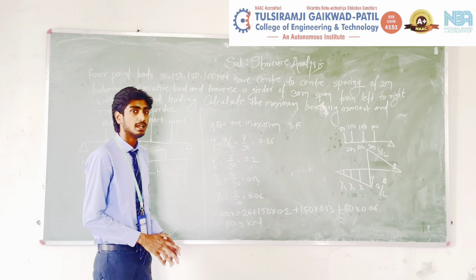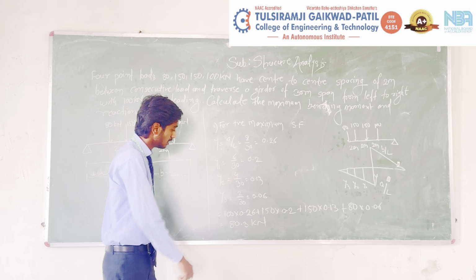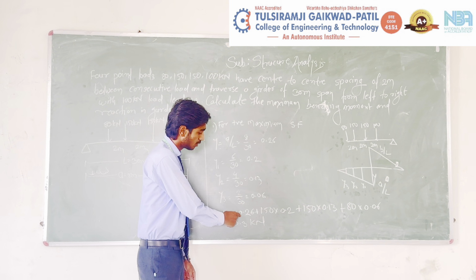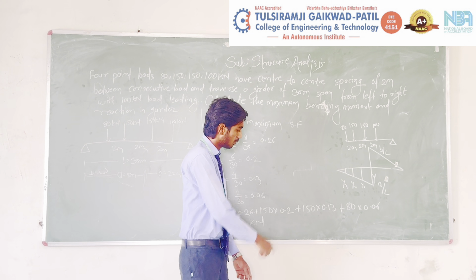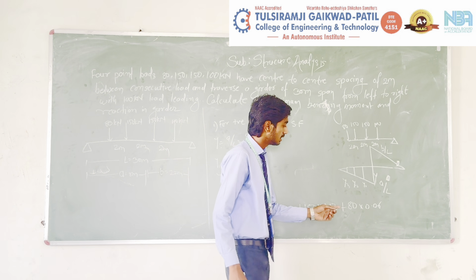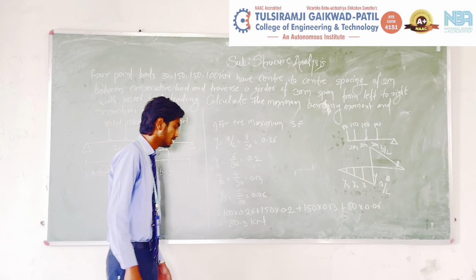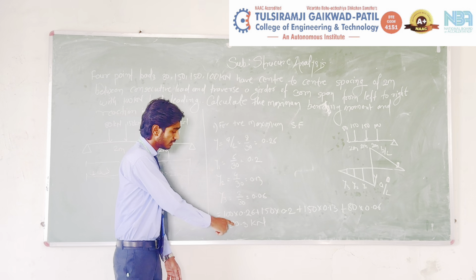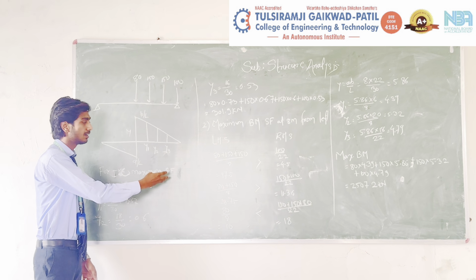We put all the answers and force values in: 100 multiplied by 0.26 plus 150 multiplied by 0.2 plus 150 multiplied by 0.13 plus 80 multiplied by 0.06, and we get the answer 80.3 kilonewton.